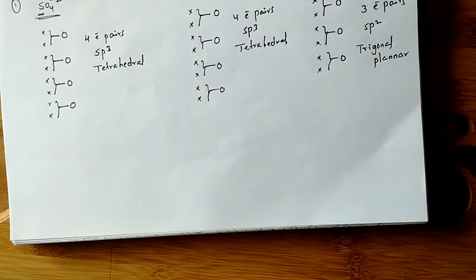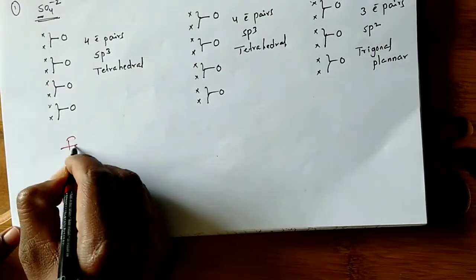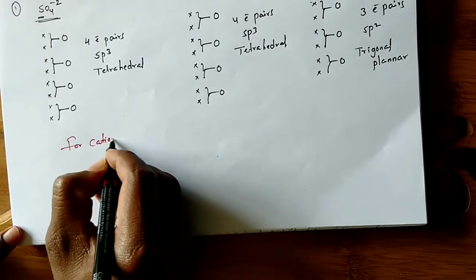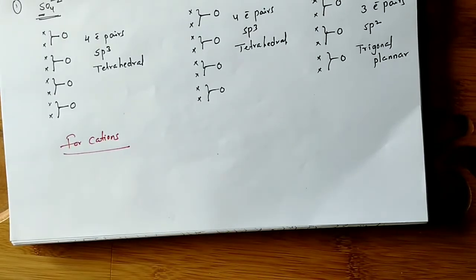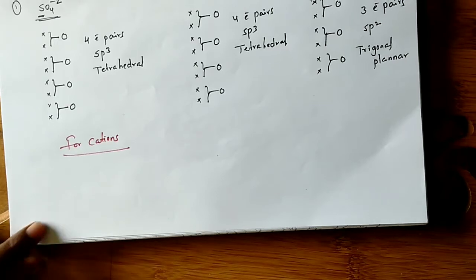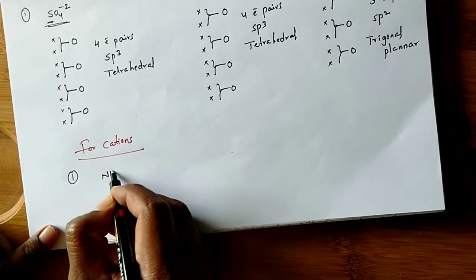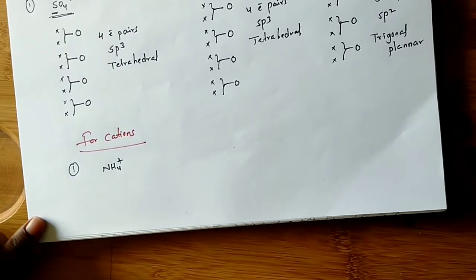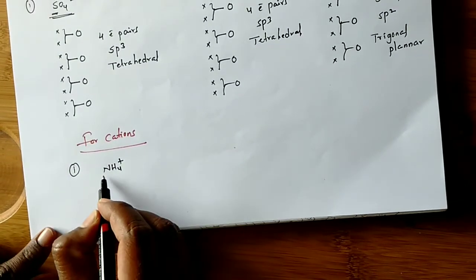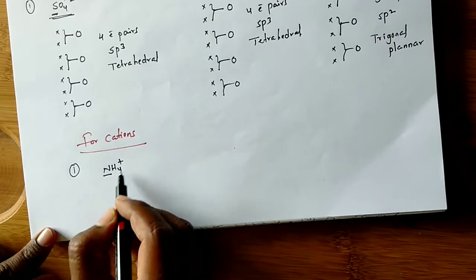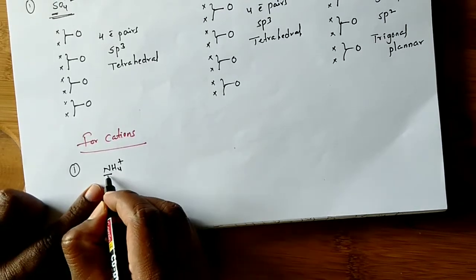Then what about cations? For cations, compound cations are very few. Let us take one example, the ammonium ion, NH4+. What is the hybridization of nitrogen in the ammonium ion? The central atom is nitrogen.